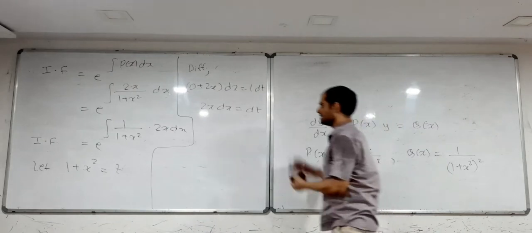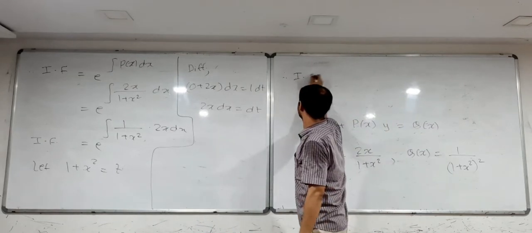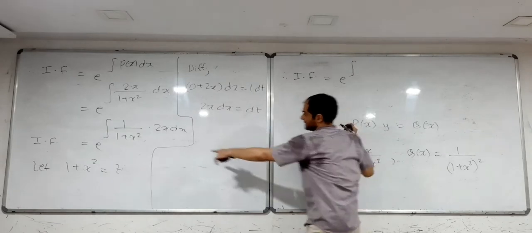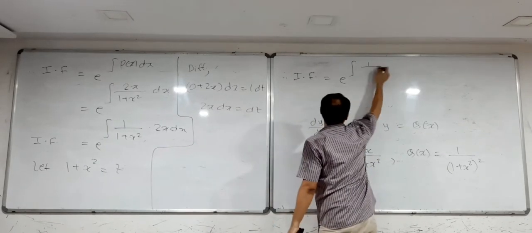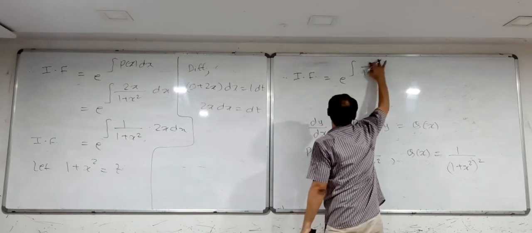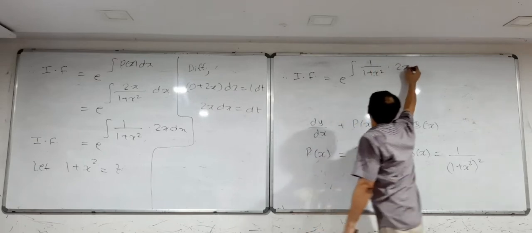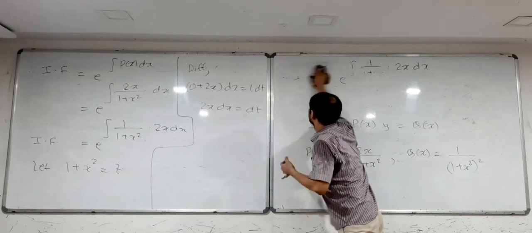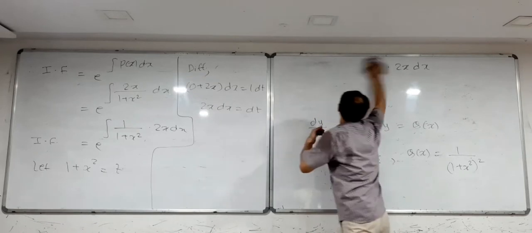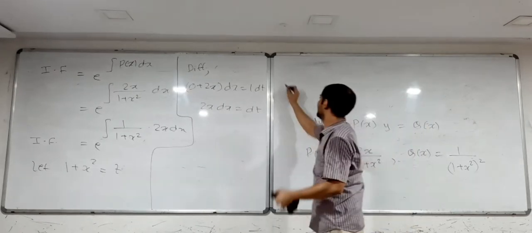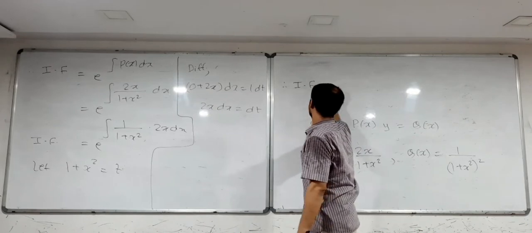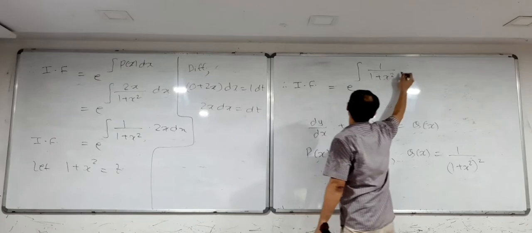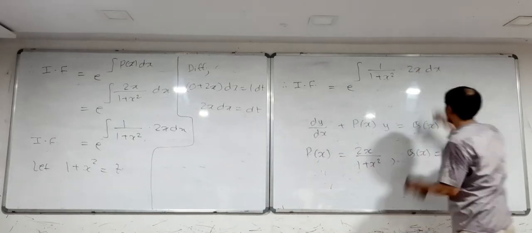हाँ, therefore इंटीग्रेटिंग फैक्टर जो है वो है e raised to इंटीग्रेशन ऑफ 1 upon 1 plus x square into 2x dx. So integrating factor is e raised to integration of 1 upon 1 plus x square into 2x dx.